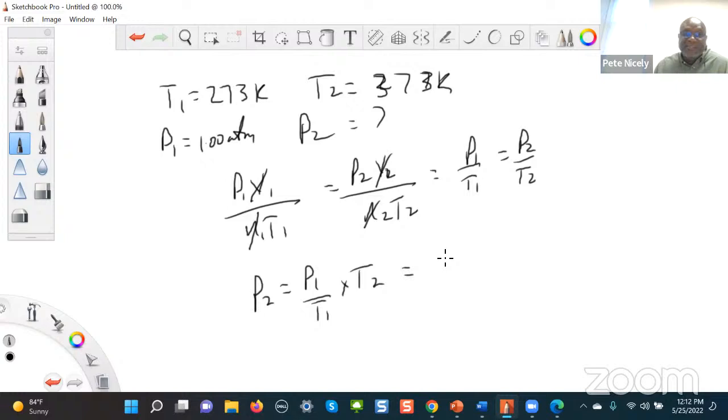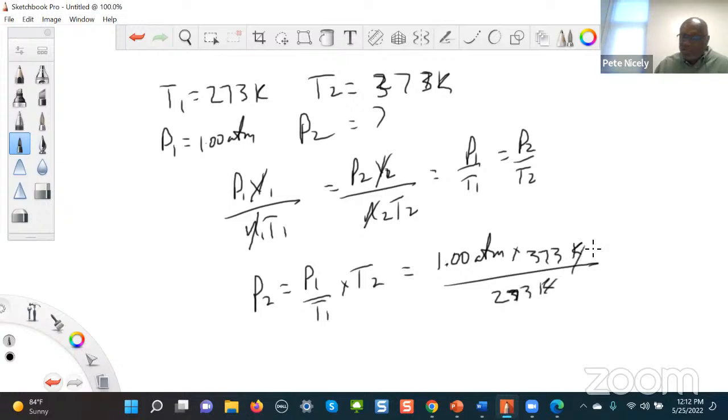And then we put the numbers in. So that will be 1.00 atmospheres times T2, which is 373 Kelvin, divided by 273 Kelvin. And so that's 373 divided by 273. Okay, so according to my calculation, this works out to be equal to 1.36 atmospheres. And that's how that is done.